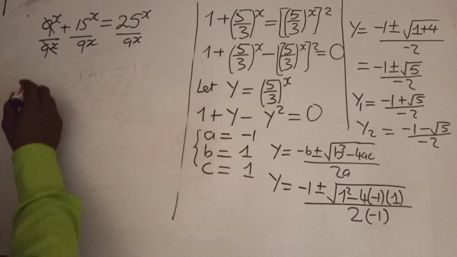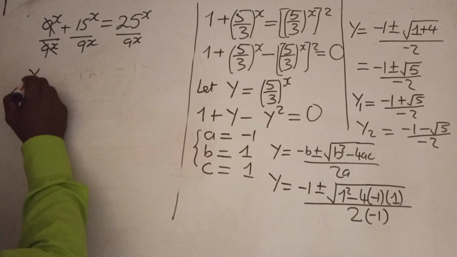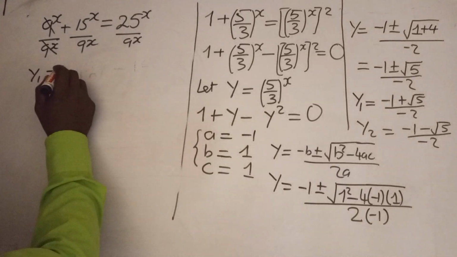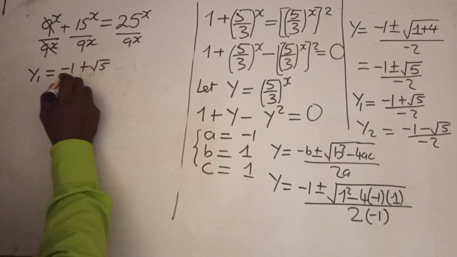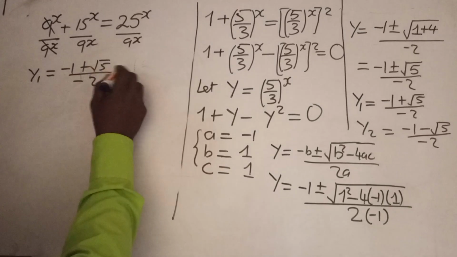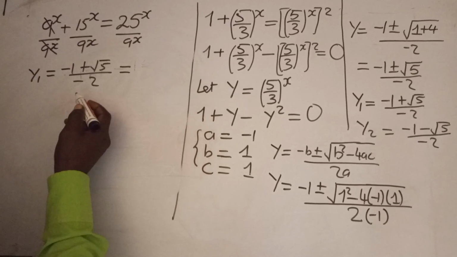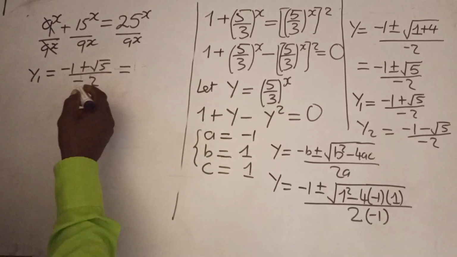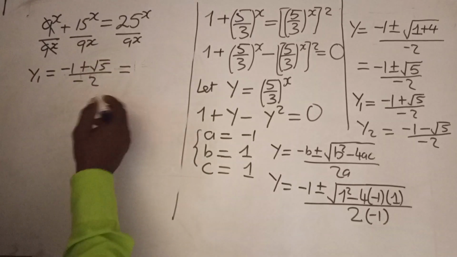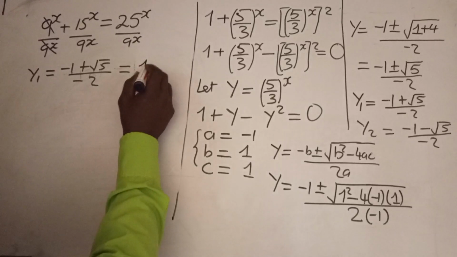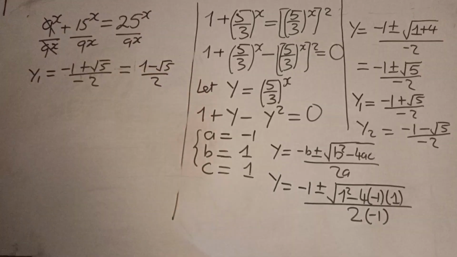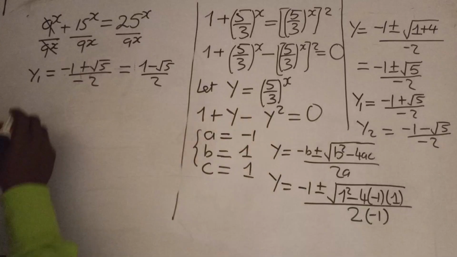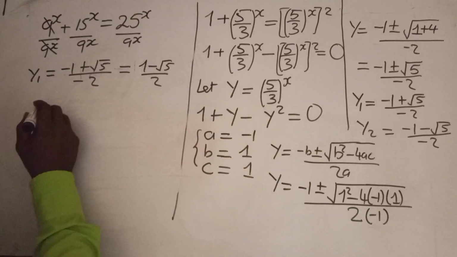So we are told that y1 is -1 plus root 5 all over -2. This can just be written taking this -2 up. That means we multiply numerator and denominator by negative, and it will just be 1 minus root 5 all over 2. Okay, now let's look at it carefully.